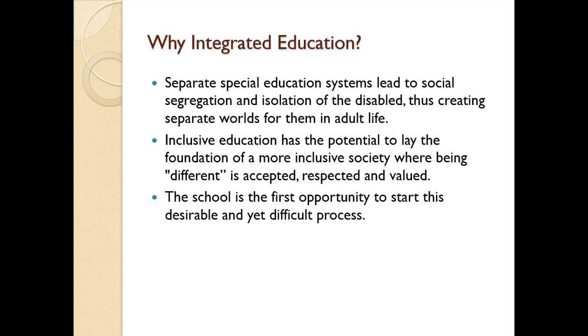So when they grow up with normal children from childhood, normal kids also will know when and where disabled people need help, and accepting them normally will make them not so dependent on others, make them independent.